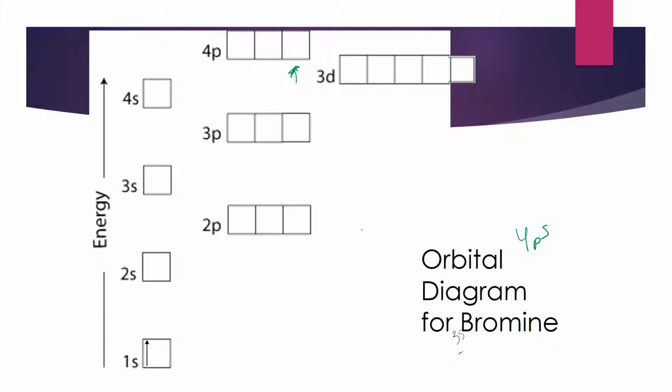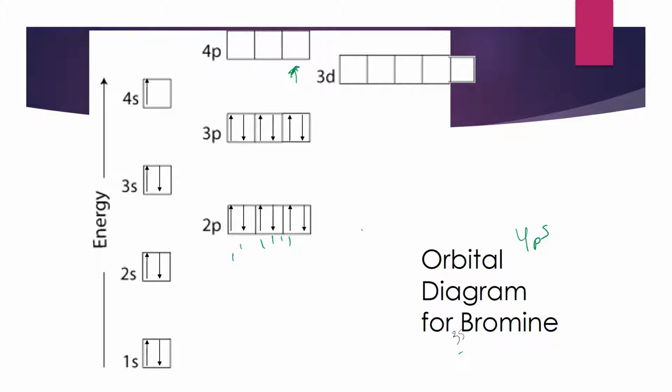It's pretty straightforward. 1s1, 1s2, 2s1, 2s2, 2p1, 2, 3, 4, 5, 6. Remember Hund's rule, it fills 1, 1, 1, and then goes back. 3s1, 3s2, 3p1, 2, 3, 4, 5, 6.